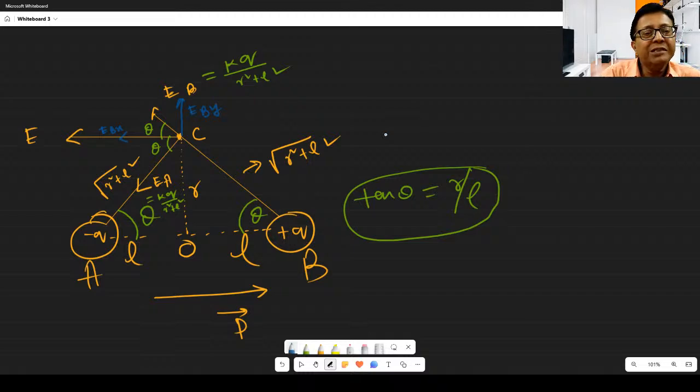What about this A? EAX, this one will be EAY. This ink needs to be changed. Is it okay?